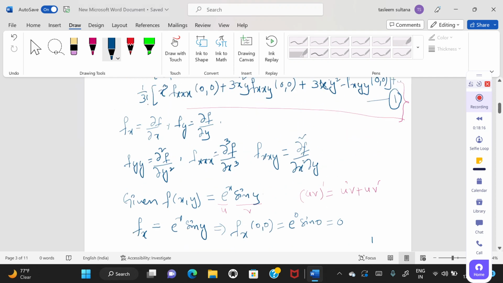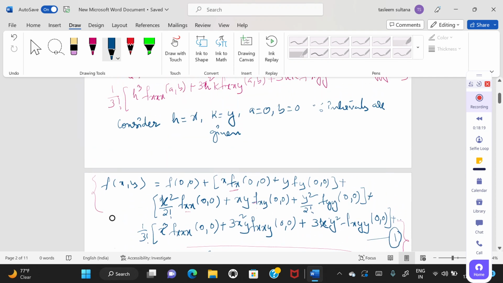Obviously I'm substituting 0 only. See, f of 0 comma 0 is 0. Then x into f of x comma 0 is 0. Where your f suffix y of 0 comma 0 value is equal to 1. So from here we got a y term.